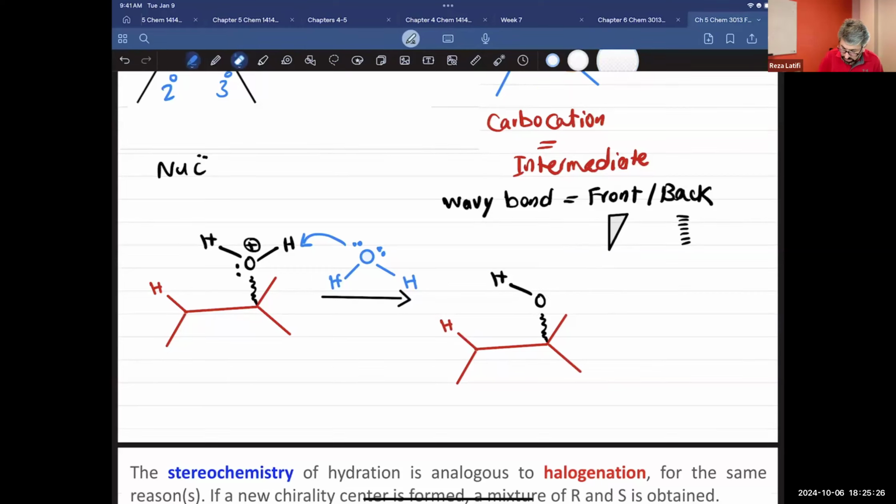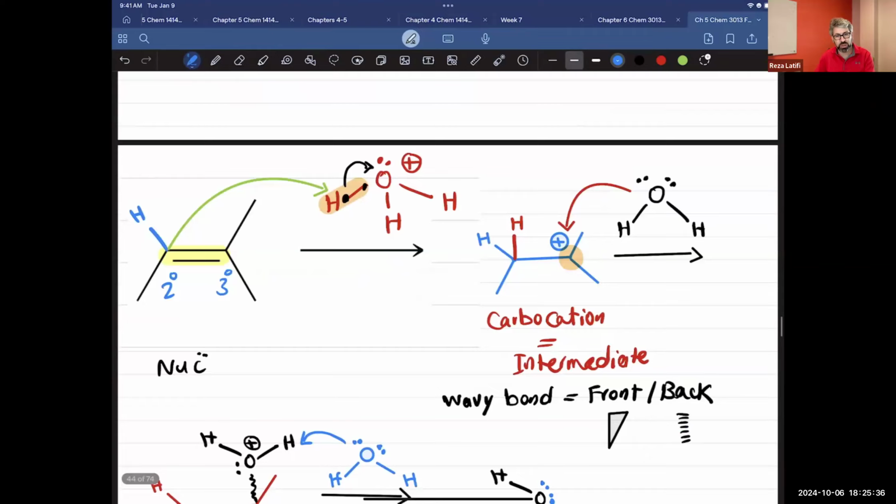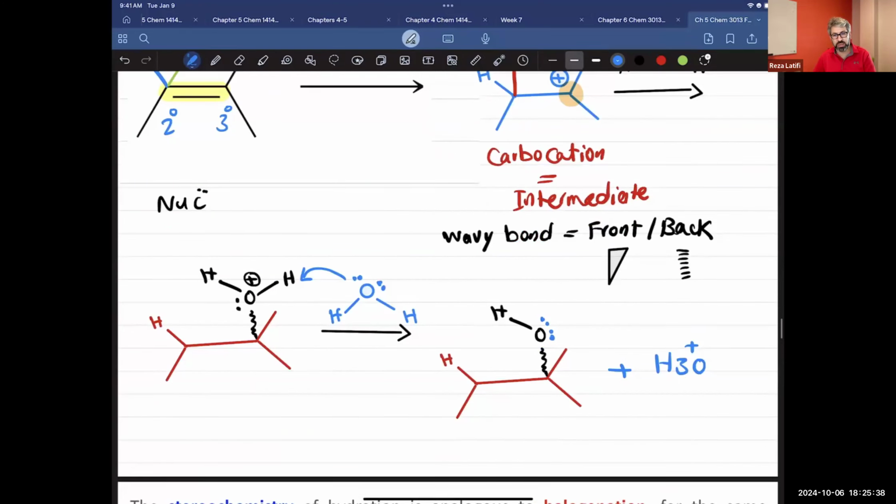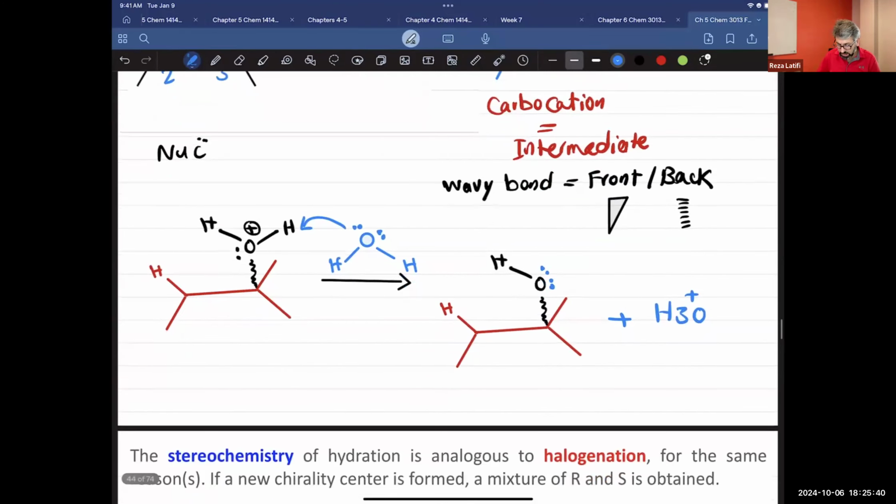oxygen attached to carbon, and oxygen has two lone pairs, and we got what? We got hydronium ion again. Okay, so we started with hydronium ion and we got it back again. And this is going to be our alcohol. What's the name for it? Starting from here, 1, 2, 3, 4, and the name for it is going to be 2-methyl.